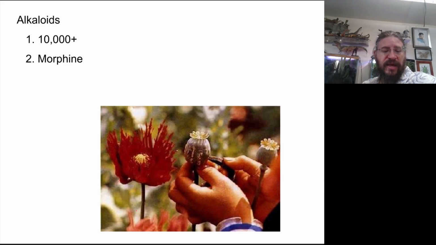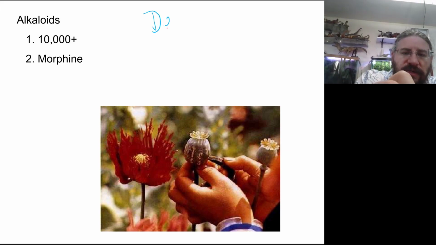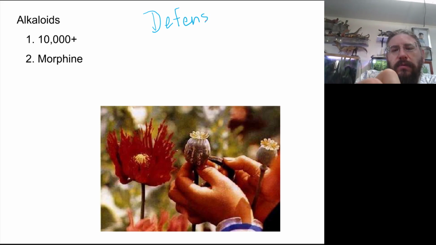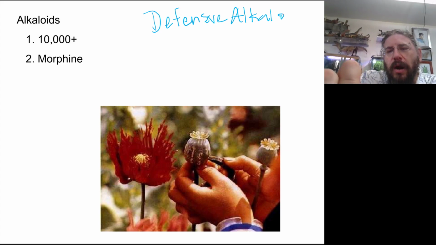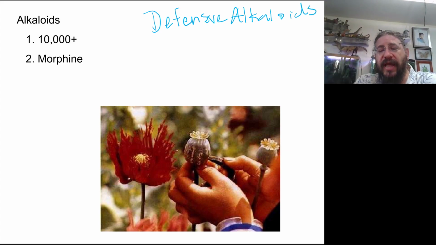All right. Next up is alkaloids. Let's talk about alkaloids. This is a very general category for plant defensive chemicals. So defensive alkaloids. There are large amounts, plant to plant. 10,000 plus different defensive alkaloids out there. Caffeine.